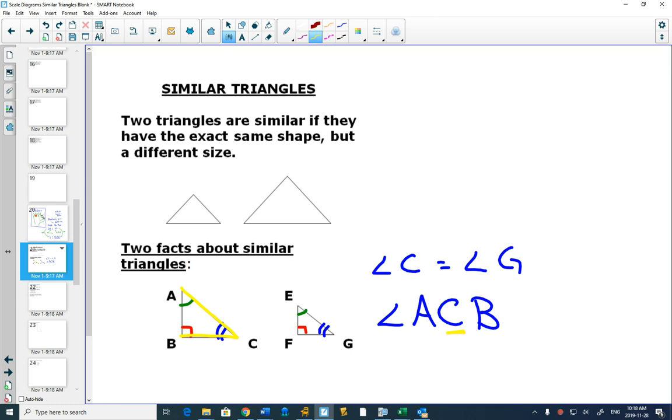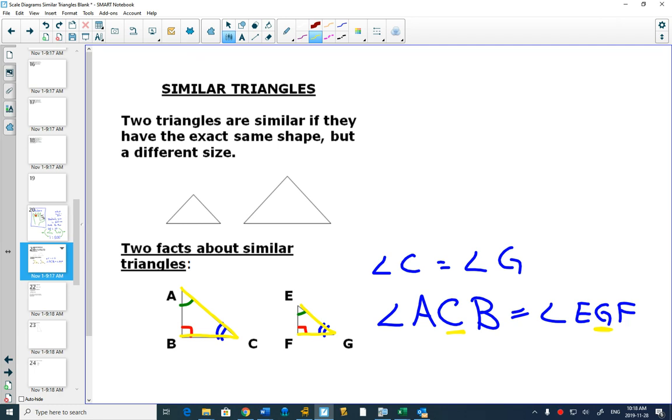Same thing over here: if I want angle G, I'd go EGF, and that G would be in the middle. So those are 2 different ways to label angles.